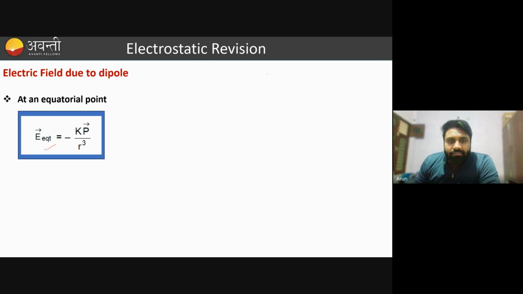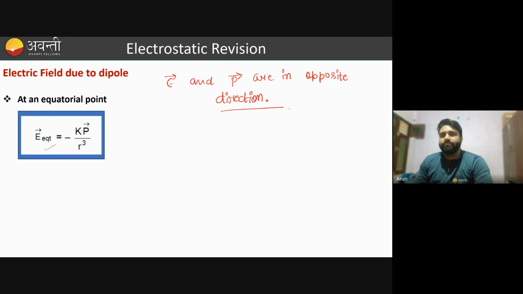In this situation, the electric field vector and the dipole moment vector are in opposite direction. This is the important point. On the equatorial position, E vector and P vector are in opposite directions, and the magnitude is given by kP over r cube, which is half of the axial position.